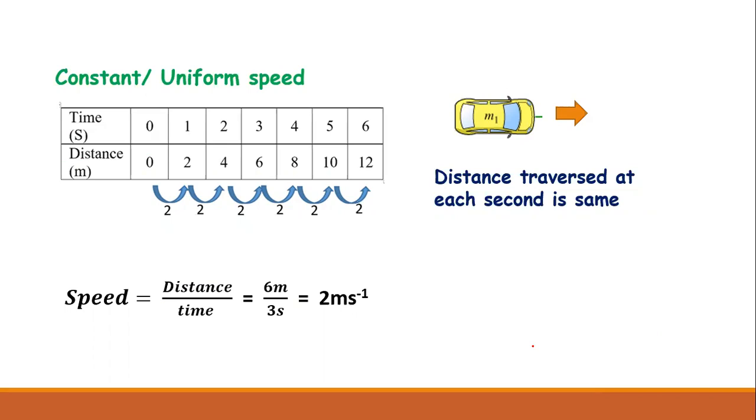So if there's a particular path with a particular length, we can consider a mean speed or a mean velocity. If it is a straight line path, we can consider the mean velocity. If it is a circular path like a walking track, we are just mentioning the speed. In that way, we can tell about constant or uniform speed or velocity.